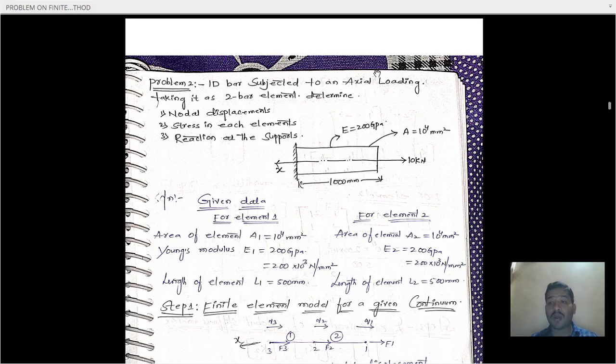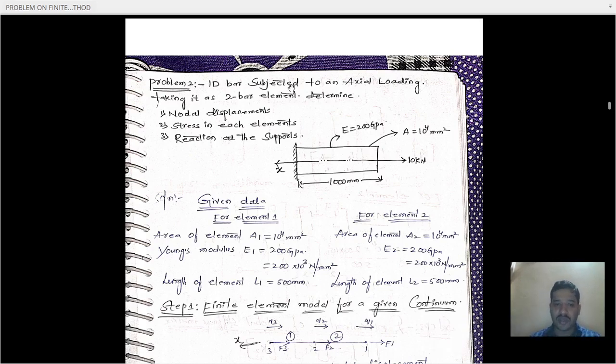In the last problem we were talking about a one-dimension element, but in this case we need to assume a two-dimension bar element. First, we need to determine the nodal displacements in this problem, as well as the stresses in each element, as well as the reaction at this support.